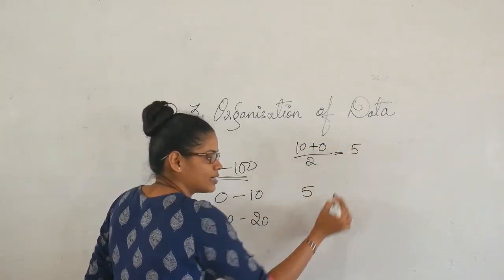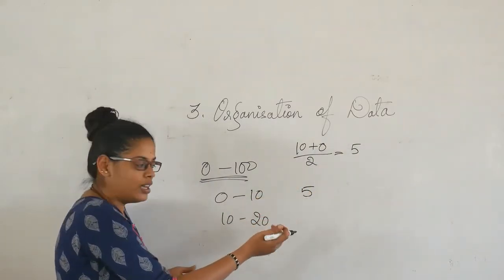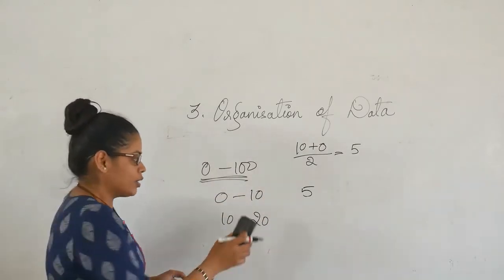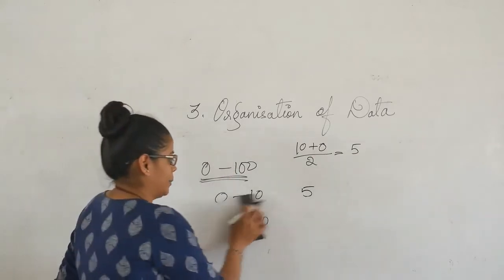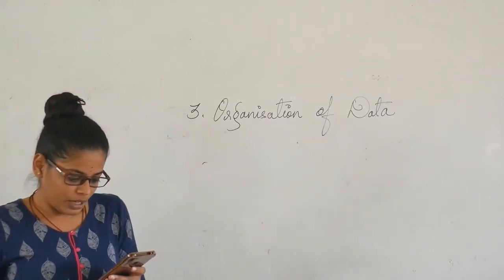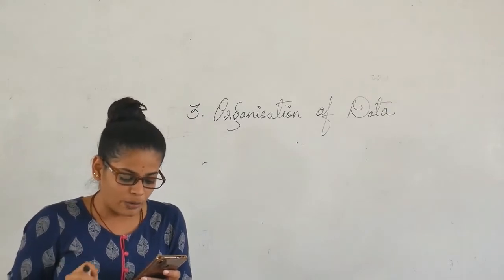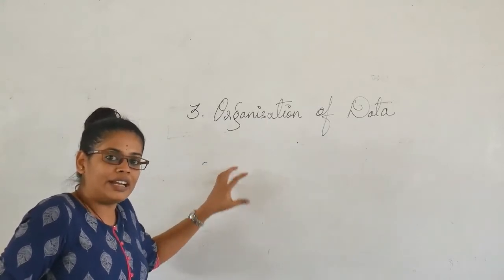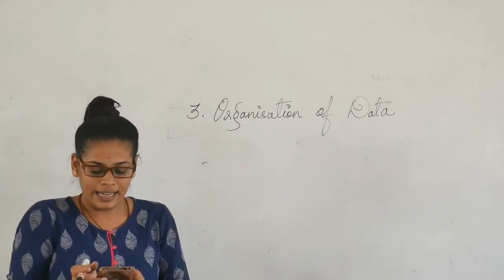This gives us the class mark, or midpoint, and this follows for all the class intervals. The class mark or midpoint should coincide, as far as possible, with any value around which the data tend to be concentrated. So we need to calculate the midpoint for all the class intervals.